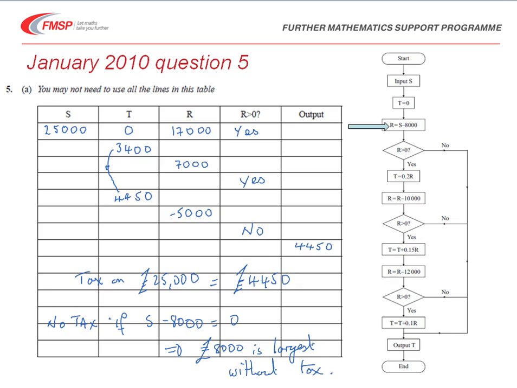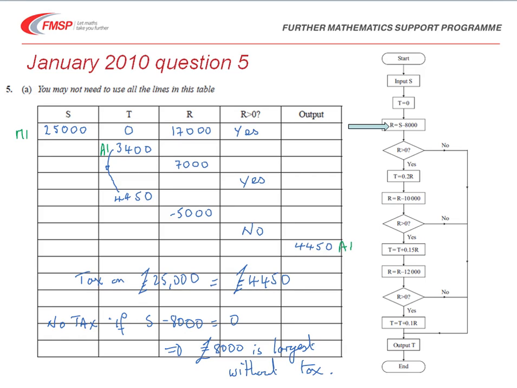Now to look at the mark allocation for this, there's a method mark for getting the first row correct, and then A marks once we get the 3,400 at that stage, and a second A mark when we get through to the end where we've got the 4,450.